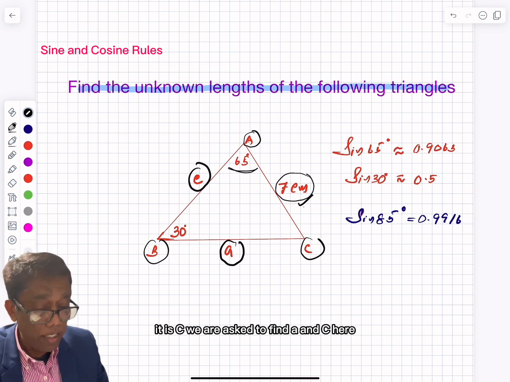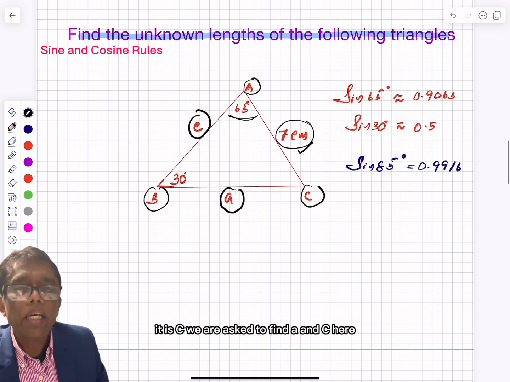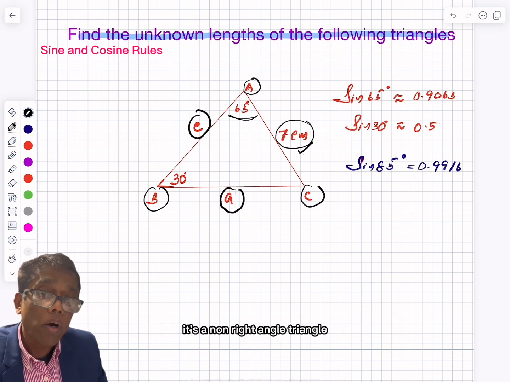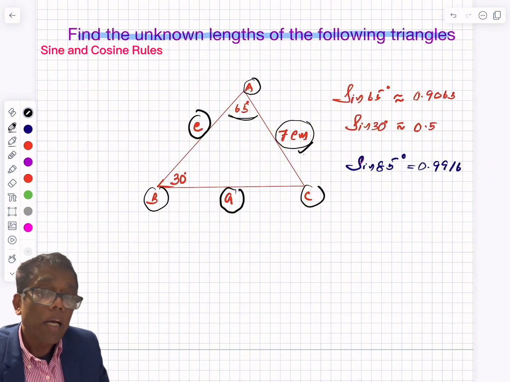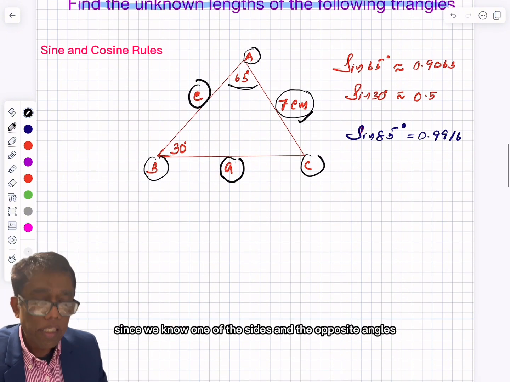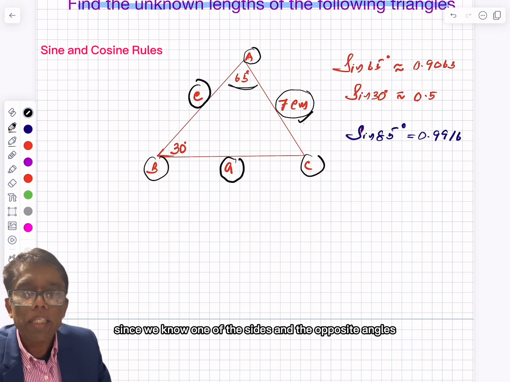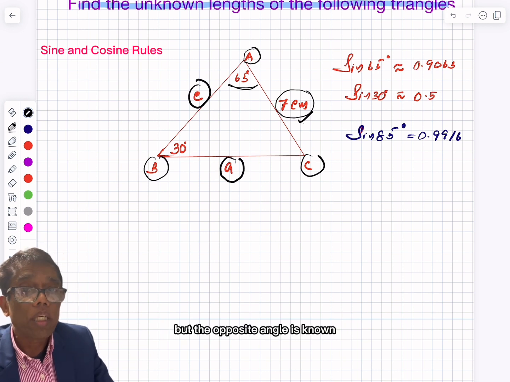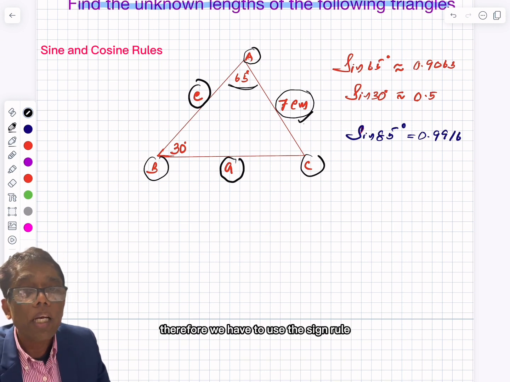We are asked to find a and c. This is a non-right angle triangle, so we have to use either the sine or cosine rule. Since we know one side and its opposite angle, and the other side is unknown but its opposite angle is known, we have to use the sine rule.